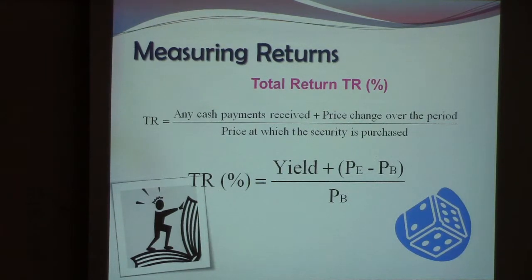However, it is much better to use percentages in order to come up with the returns rather than the absolute dollar values. Because if you think about it, someone may make $1,000 based on a $1 million investment, and another person may make $5,000 based on a $100,000 investment. So the person who made $1,000 has really made only 0.1%.